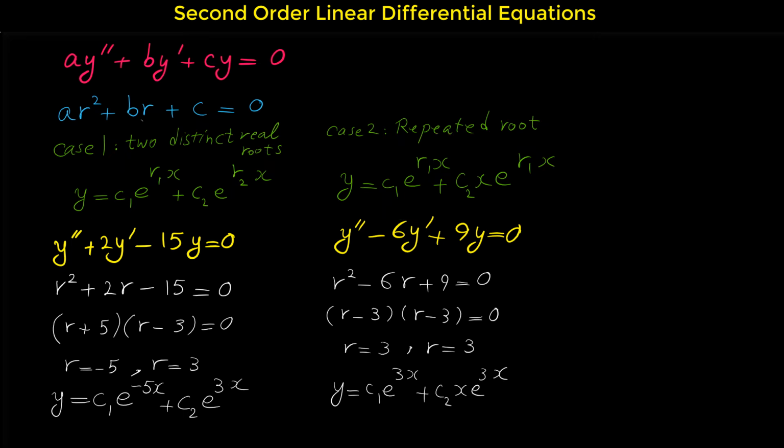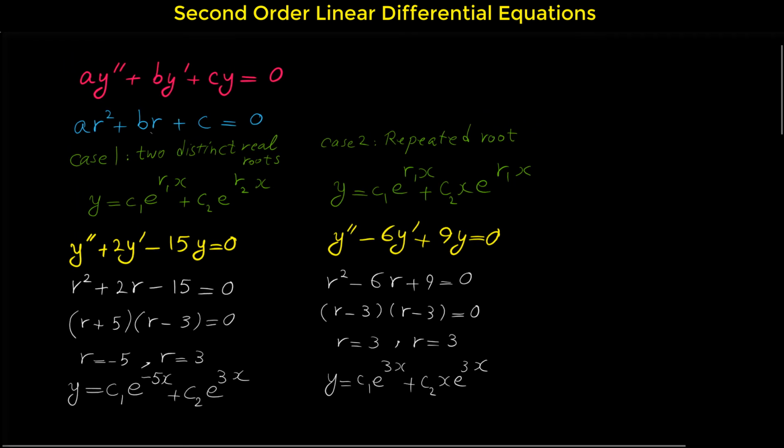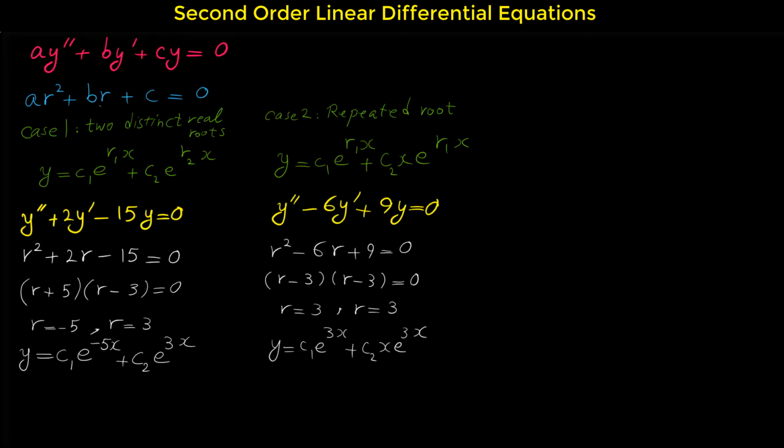But there is a third case, which is a bit more complicated. The third case, case 3, is when we have two different roots, but they are complex roots.